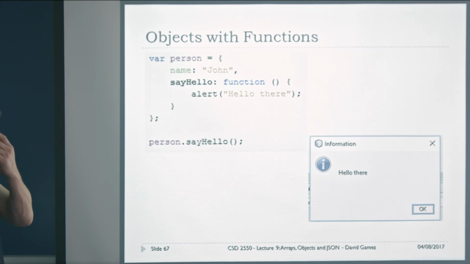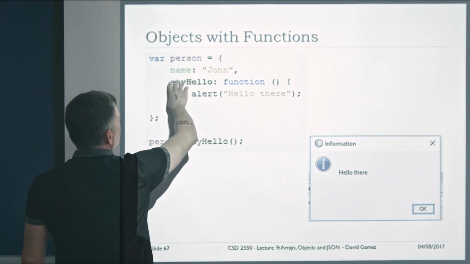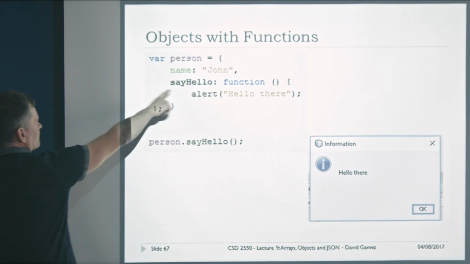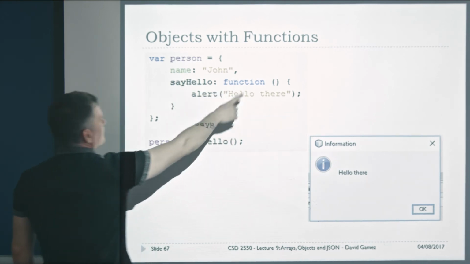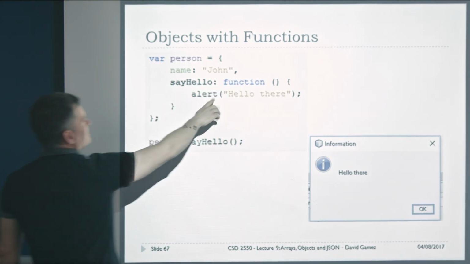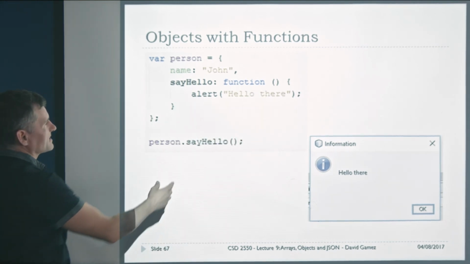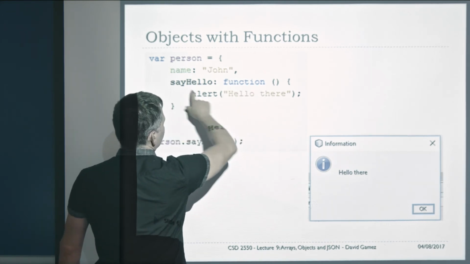So here's an object with a function. Here we have var person, that's the name of the object, right? It's got a key, name, value John. And here we've got another key, but in this case, this key is pointing to a function instead of pointing to a piece of data. The function's just doing alert hello there. It's the same syntax, except it's an anonymous function, it doesn't have a name.